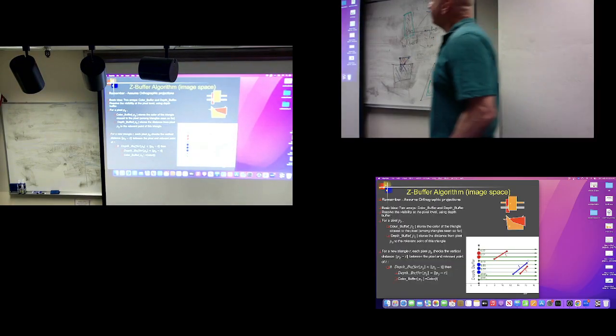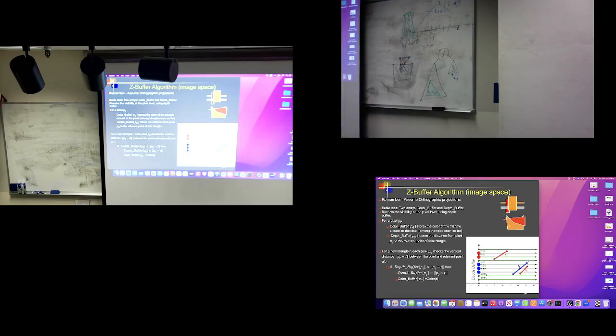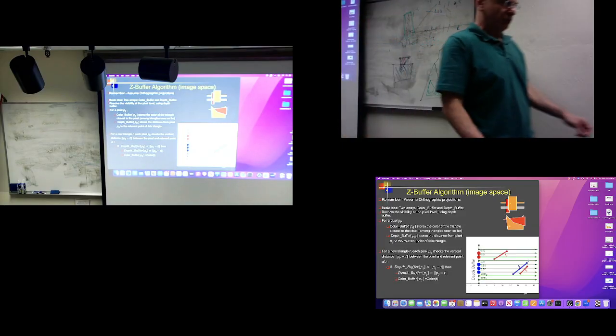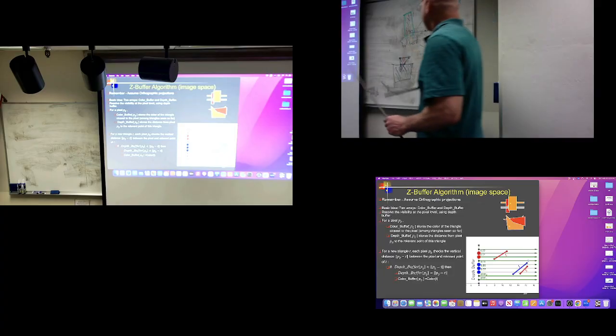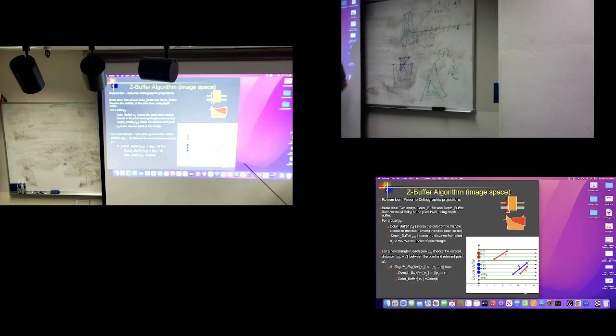So let's see the Z-buffer algorithm in a bit more detail. The Z-buffer requires you to keep two two-dimensional arrays, each one with the resolution of the image.